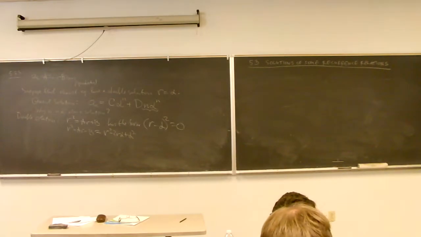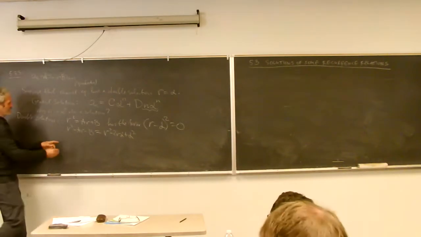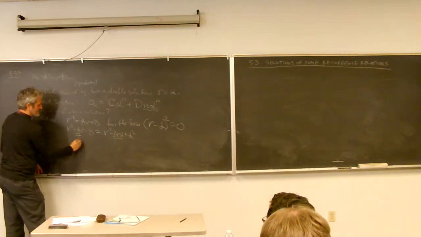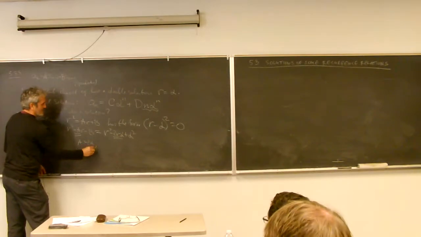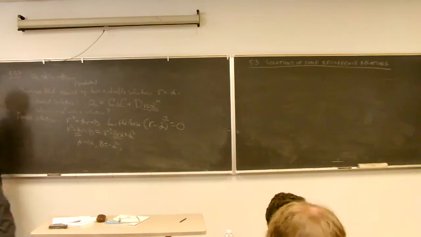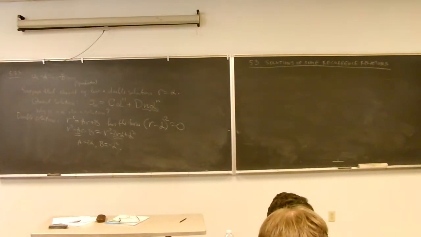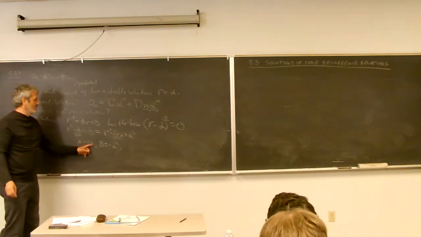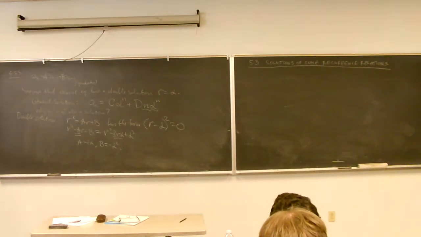So from here, if that happens, then what? Minus a must be minus 2 alpha, so a must be 2 alpha, and b must be negative alpha squared. So that happens only, as I said, when a is 2 alpha and b is negative alpha squared.